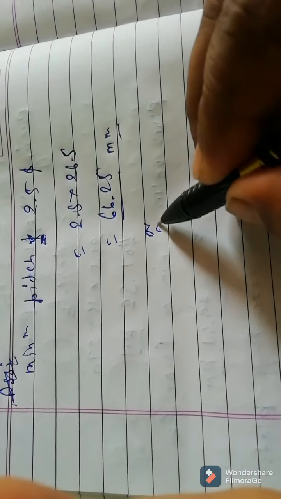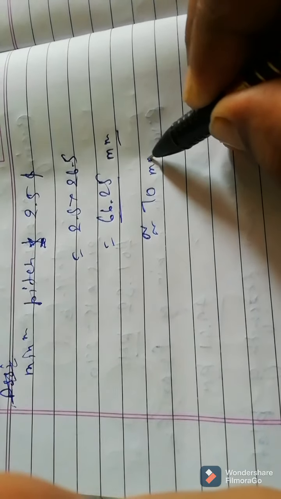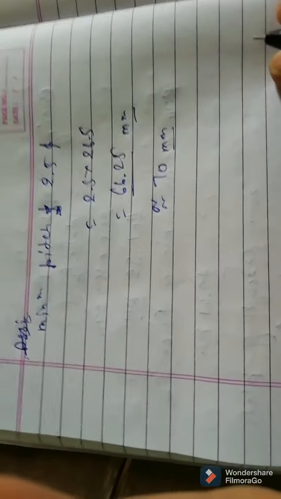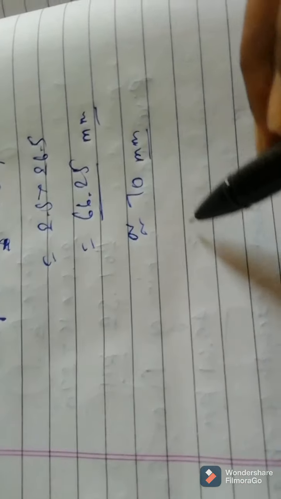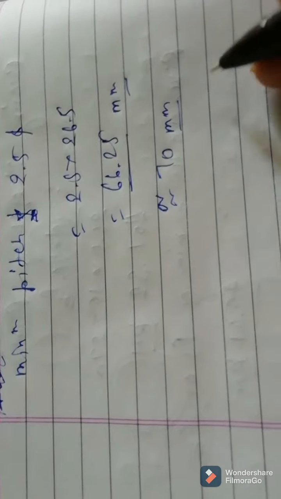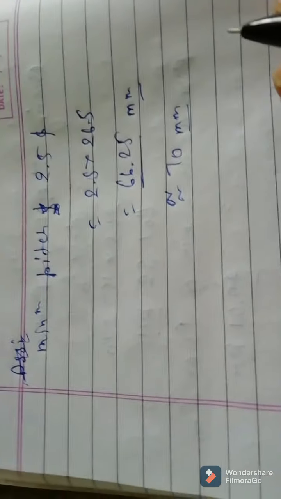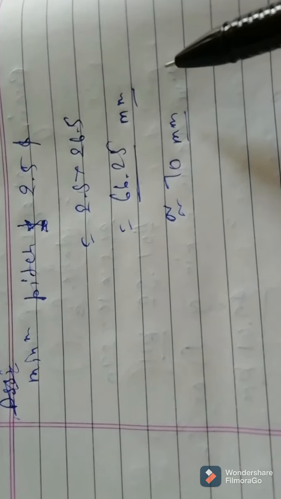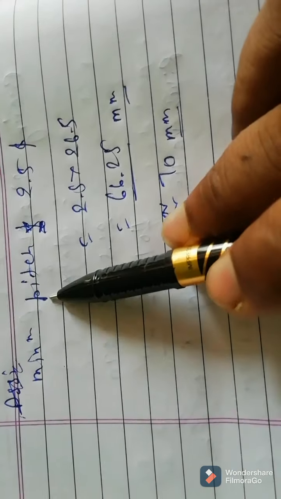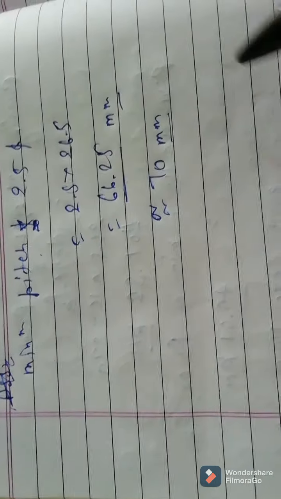So let's increase it to 70 mm. So we can provide a pitch of rivets of 70 mm, so that it can satisfy the specification of minimum pitch.